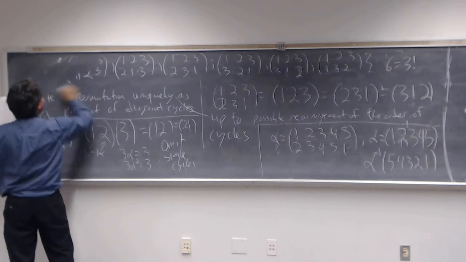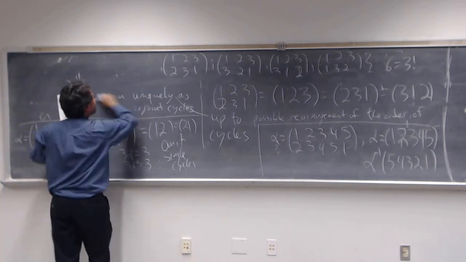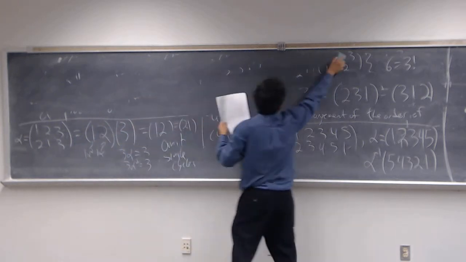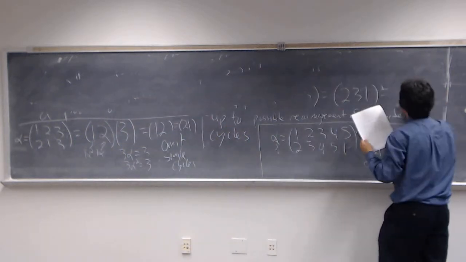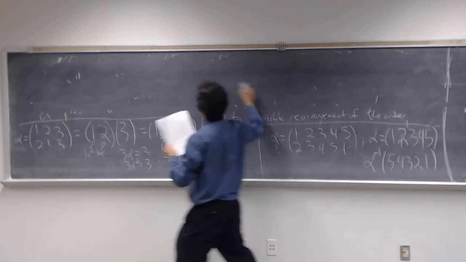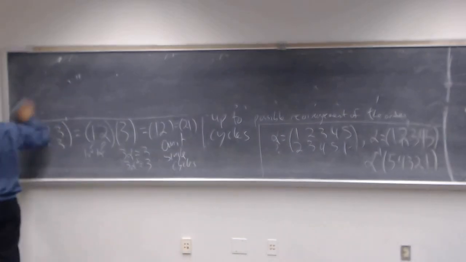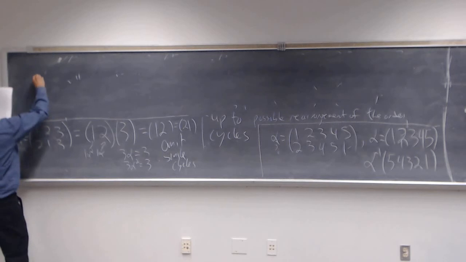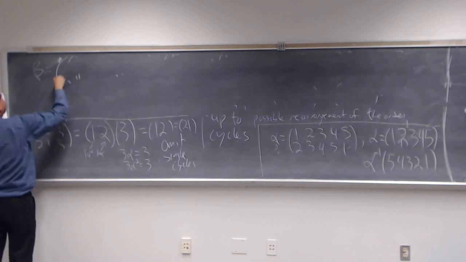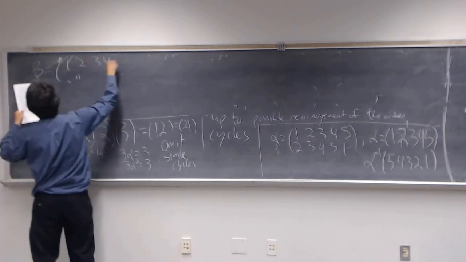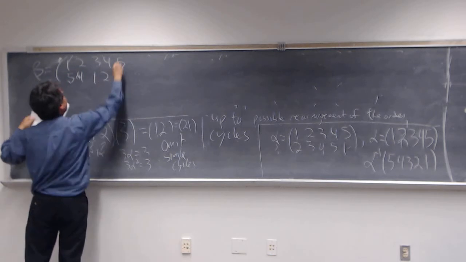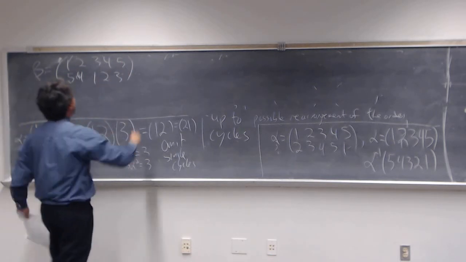So let's look at another example. Suppose we take beta (1 2 3 4 5 / 5 4 1 2 3), and we write it as a disjoint cycle.